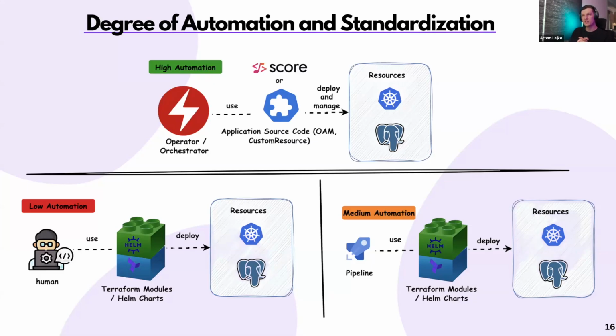And this is a high automatization degree, very difficult to reach for some customers. If you are running on a hyperscaler, if we are still sticking to Crossplane, you have all the tools already, all the providers implemented for you, and you can just use them.